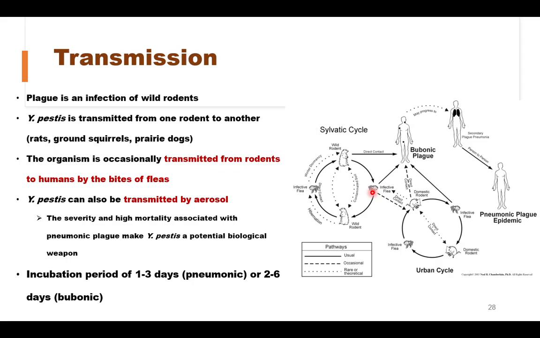So the flea is very hungry because the food is not getting to the stomach, okay? And it tries to feed on another wild rodent. And in the process, it's going to regurgitate whatever it had fed on earlier, because it doesn't want the blood to coagulate.